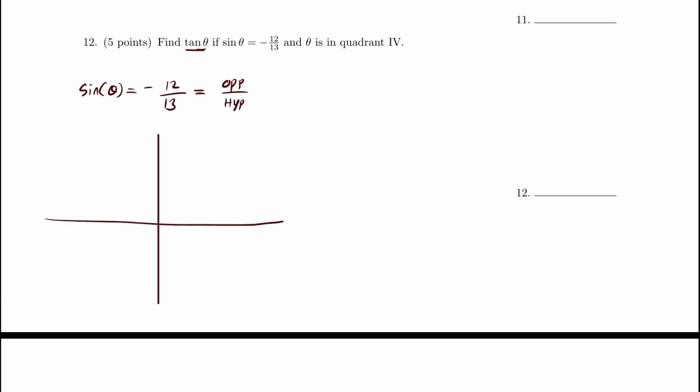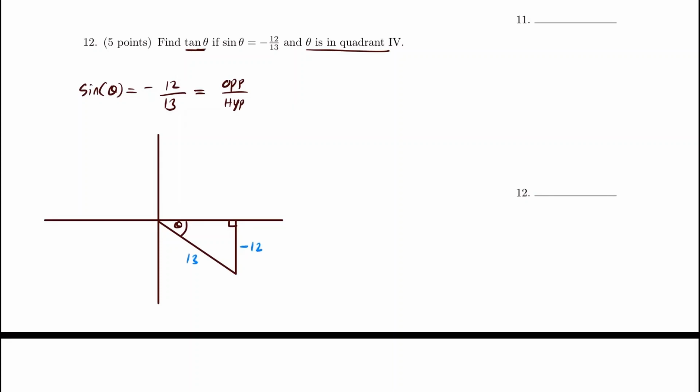So here's our xy plane, and we know theta is in the fourth quadrant, so it's right here. You construct a right triangle that looks something like this, and theta is always coming out from the origin, just like that. So sine is opposite over hypotenuse, which makes this length negative 12, and this is 13.